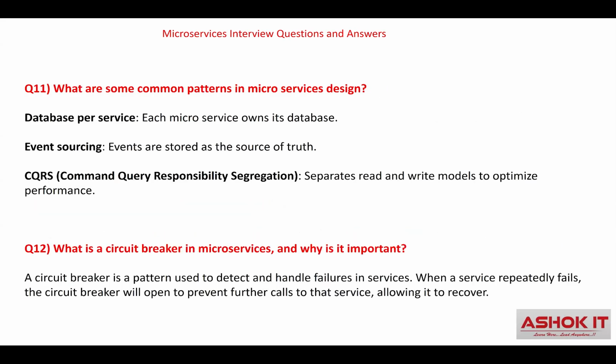After that, what are the common patterns in microservices design? First, database per service. Ideally, microservices recommend that every service will have its own database. Sometimes it's possible, sometimes it may not be possible. In that case, we are going to use the shared database pattern.